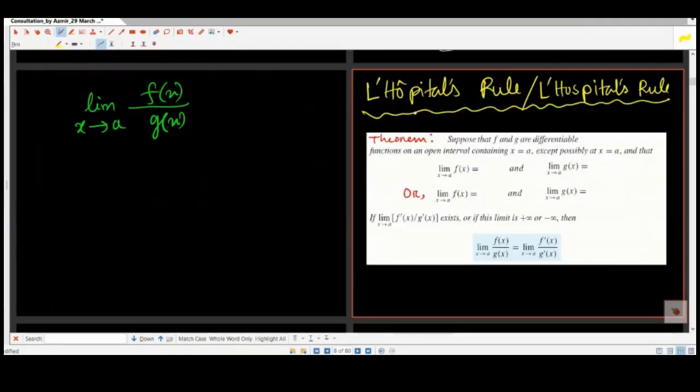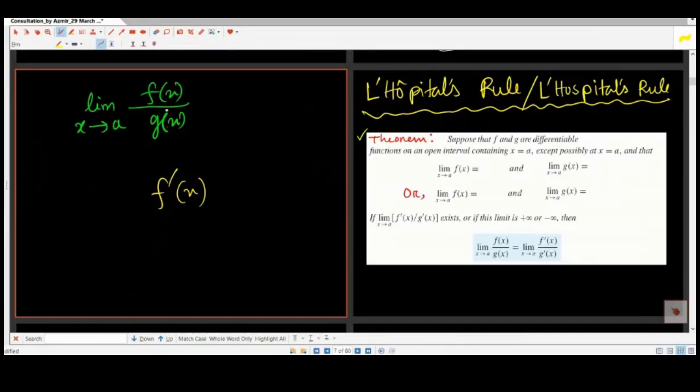So what is L'Hopital's rule? It can also be written in this way. In this spelling we have an S, but it is silent, so we say L'Hopital's. Suppose f of x and g of x are differentiable functions. That means we can differentiate f of x and g of x.